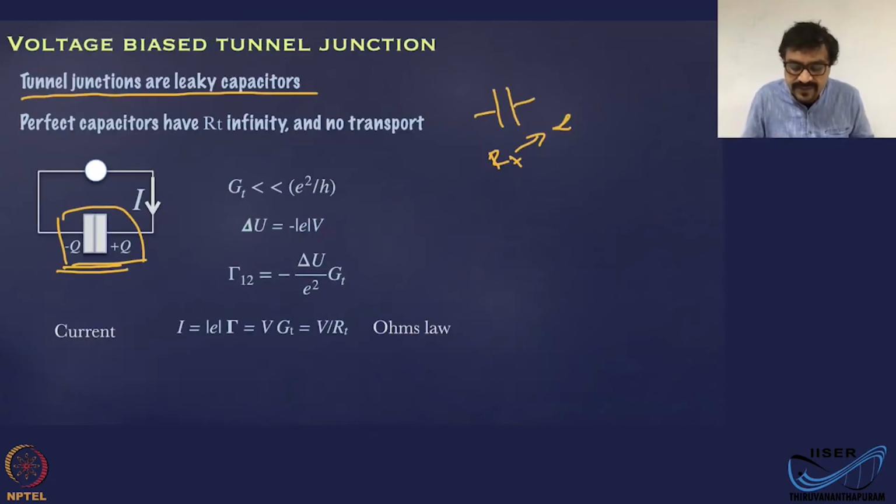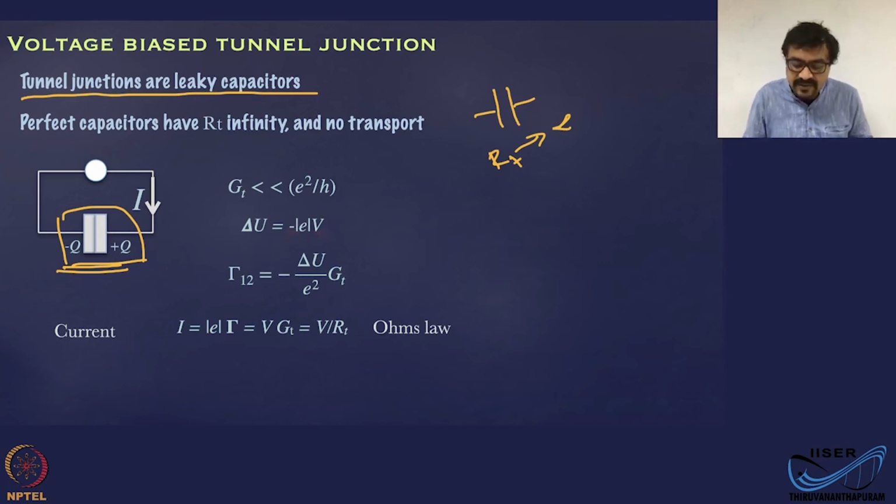So gamma 1 is minus delta U by e square into GT. Our current is V into GT, because delta U is minus eV.